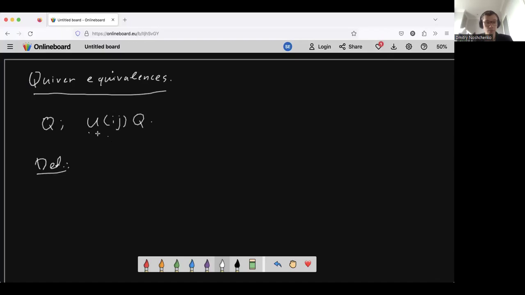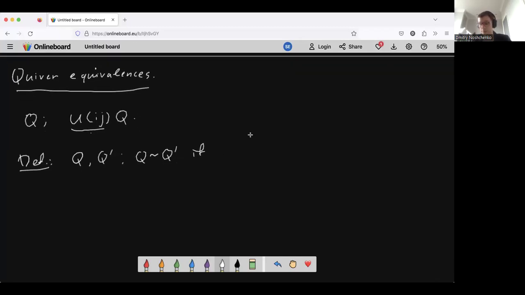So it will be more general than unlinking, as you will see in a moment. We define the two quivers, Q and Q prime, to be equivalent if and only if we have the equality of generating series.